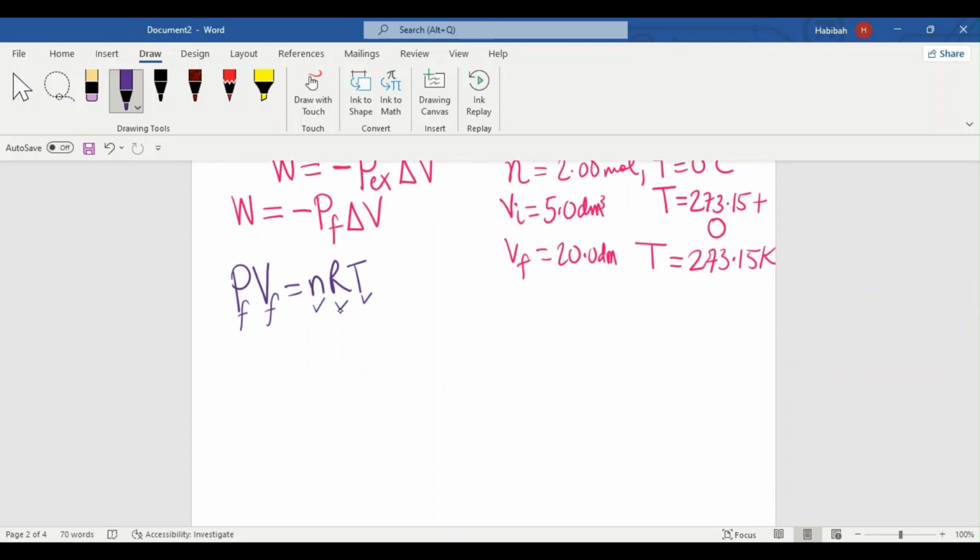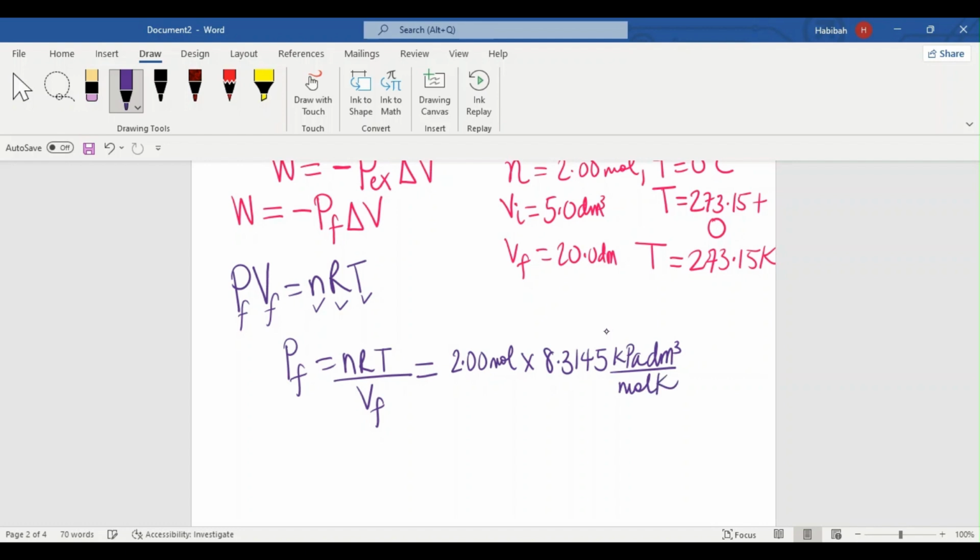So PV equals nRT means P final is nRT divided by V final. That's 2.00 mole times 8.3145 kilopascal dm cubed per mole Kelvin, which is the gas constant we're going to use, in kilopascal liters per mole Kelvin, times the temperature 273.15 Kelvin, all divided by V final, which is 20.0 dm cubed.